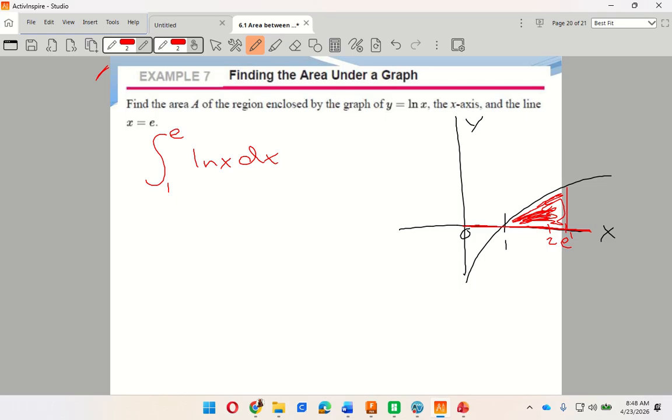Is it not 1 over x? Okay, because that would be 1 over x, my derivative, which would rewrite as x to negative 1. And when I integrate that, I add 1, so it'd be x to the 0, which doesn't work. The ln is my derivative.